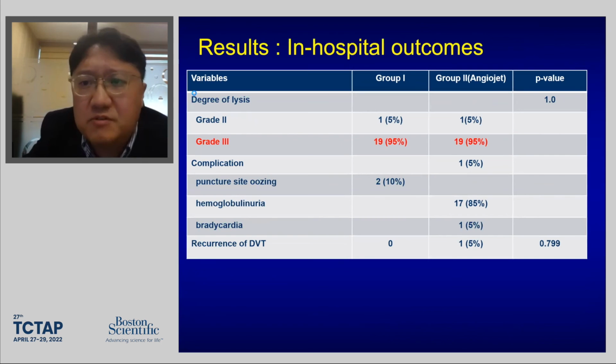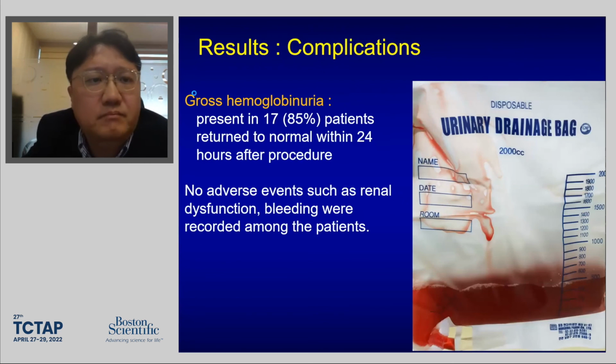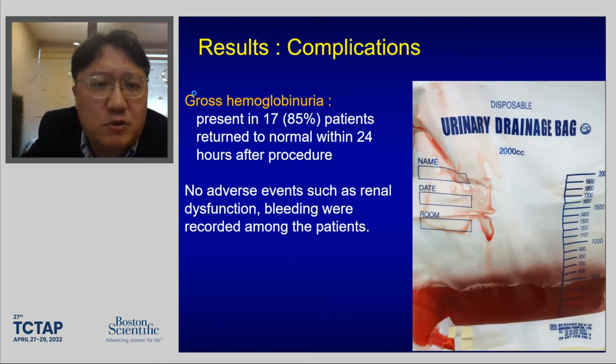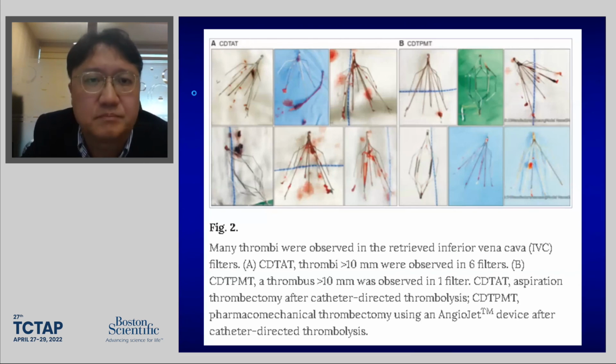Successful thrombus clearance was achieved in both groups at 95%, and no major complication was noted. The AngioJet group showed 85% gross hemoglobinuria, but it returned to normal within 24 hours after the procedure. Adverse events such as renal dysfunction and major bleeding were not reported.